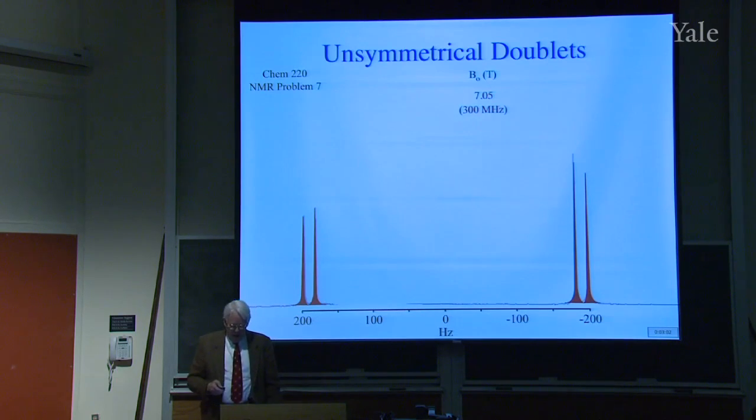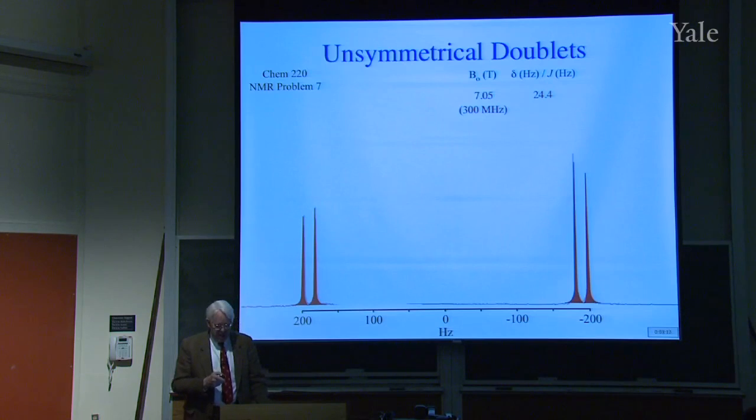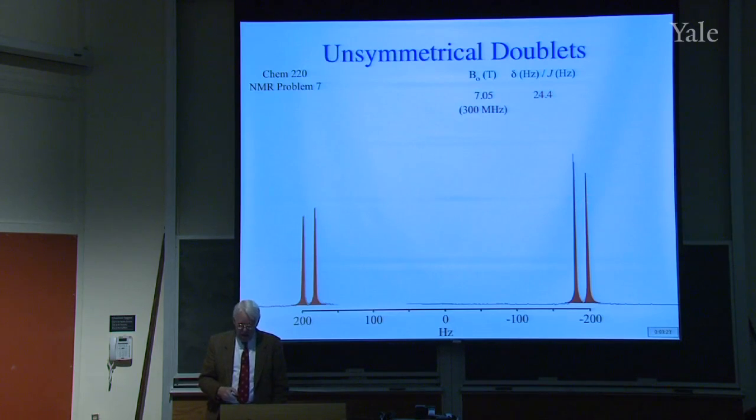Now, it turns out that we want to be comparing apples with apples here, hertz with hertz. The chemical shift difference, delta, measured in hertz, from here to here is much bigger than the coupling constant, J, right? It's 24.4 times as large, and that's the pattern we see.